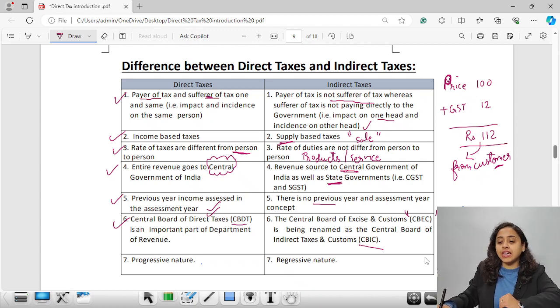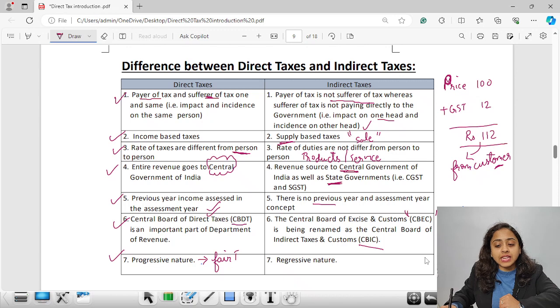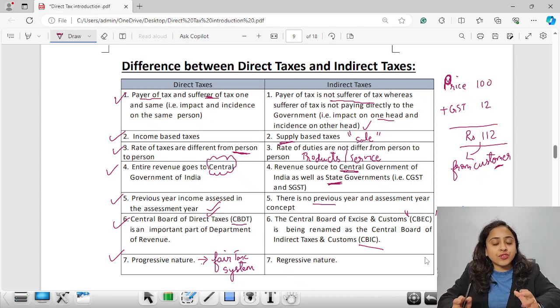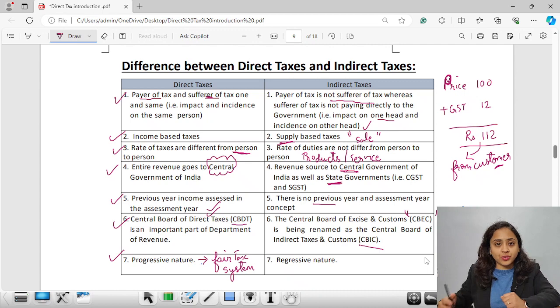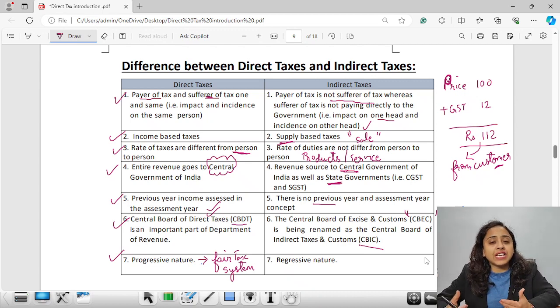Okay, CBIC. Here, direct tax is of progressive nature. Why progressive nature? In order to set up a fair tax system. That means there are different ranges of income which attract different rates of taxation. For example, a person who is earning 5 lakh will be charged a separate rate of taxation, whereas somebody who is earning 50 lakhs will be taxed at a different rate.